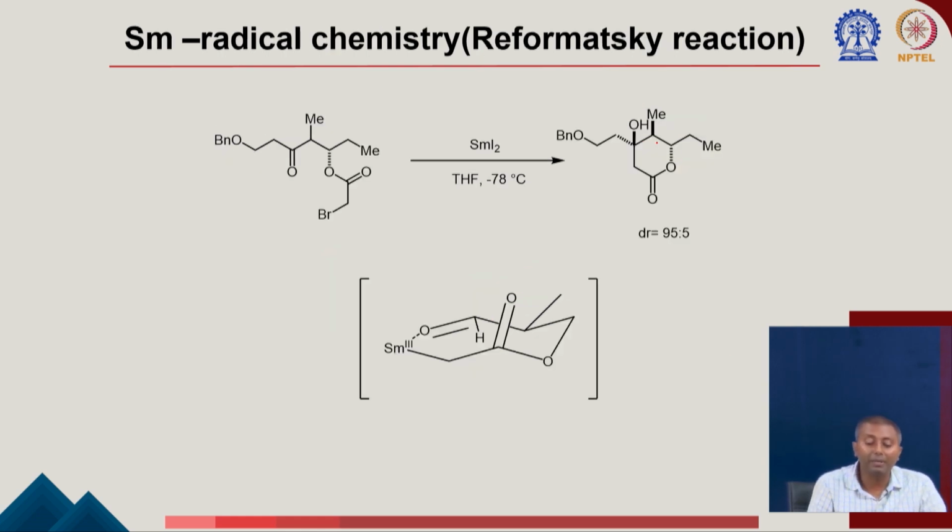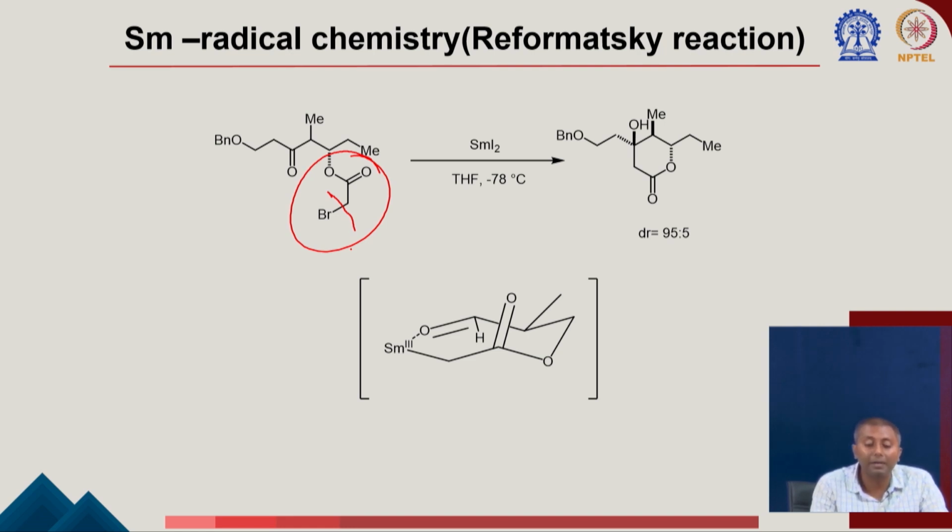Another important example here, this is a type of Reformatsky reaction happening because you have a compound which has an alpha bromo ester present here. So now if you use samarium iodide, what is happening here? From this type of mechanistic drawing, first there will be cleavage of this carbon-bromine bond, and it is going to generate the corresponding samarium species.